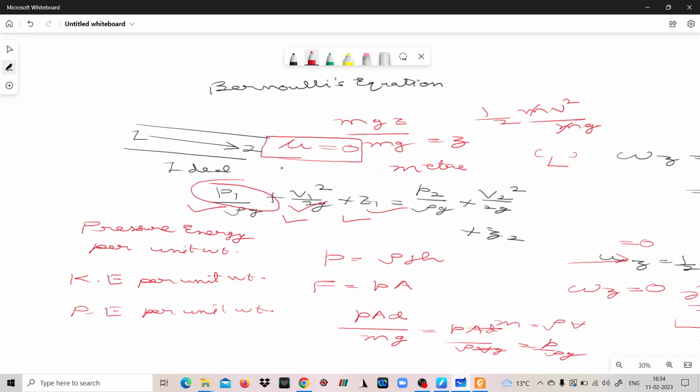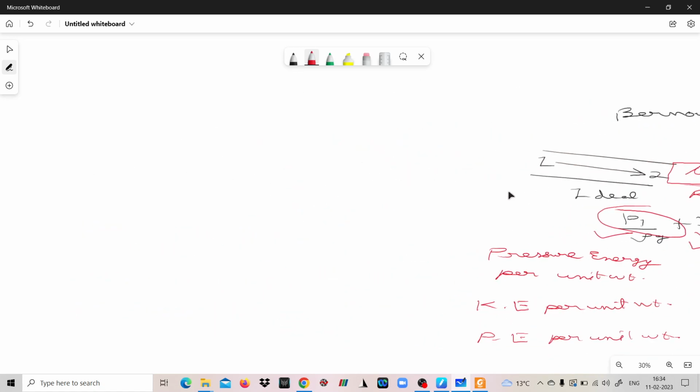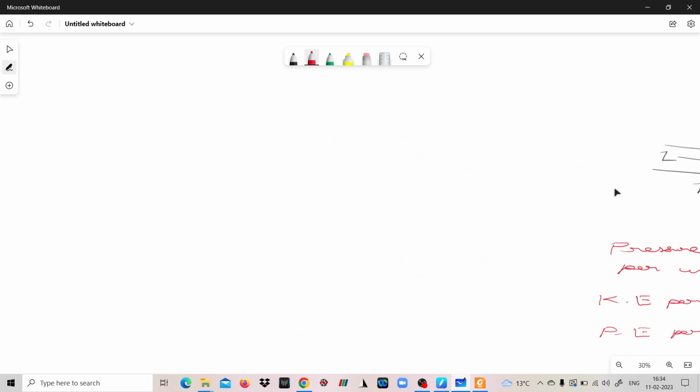But what if it is a real fluid? In case of a real fluid, what will be Bernoulli's equation? In case of a real fluid, Bernoulli's equation can be written as P1 by rho g plus V1 square by twice g plus Z1 is equal to P2 by rho g plus V2 square by twice g plus Z2, in addition to which there is a term HL which signifies head loss.